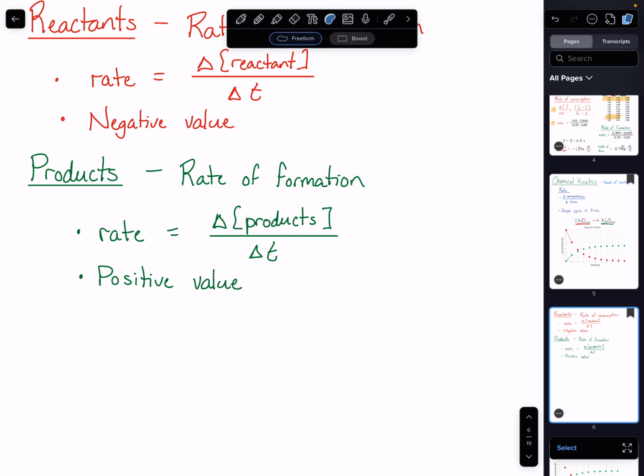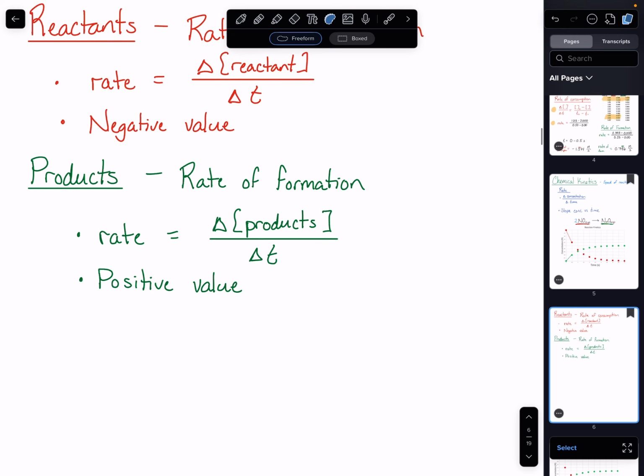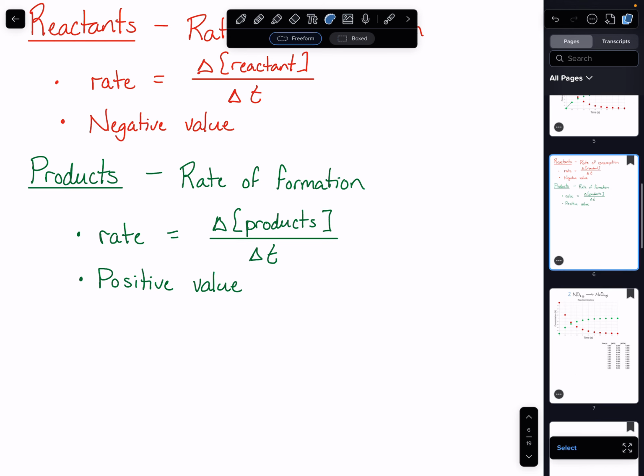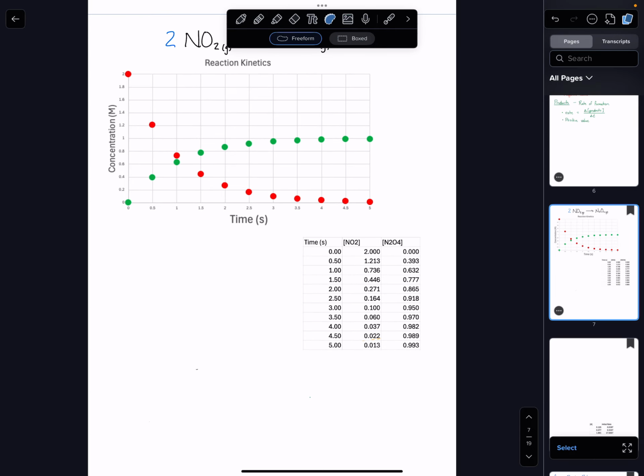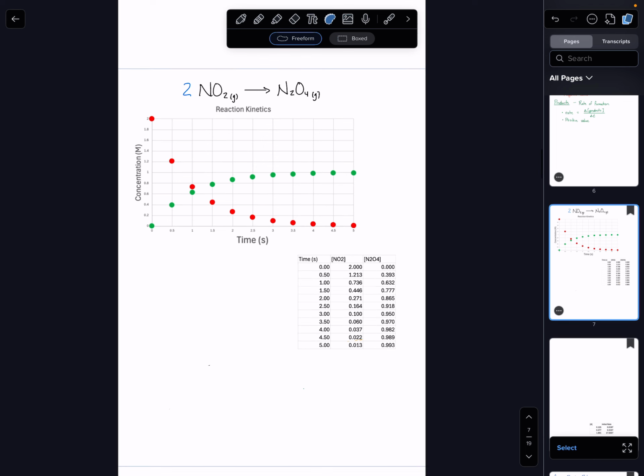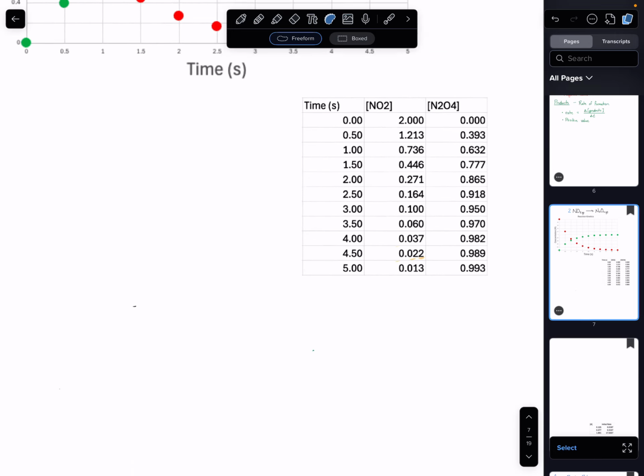All right, cool. So let's take a look at the data that actually made up this graph. We're going to do a little math and see if this checks out. So here's our same graph. We now have the table, with our value for time, our value for the concentration of our reactant, the nitrogen dioxide, and the value for the concentration of our product.